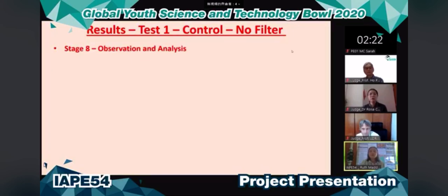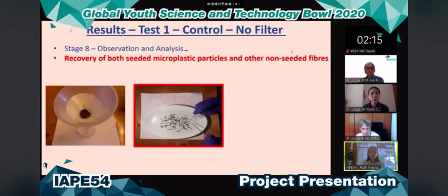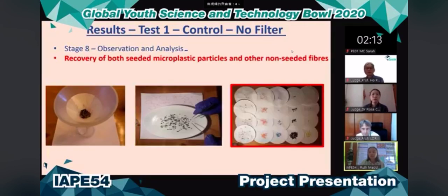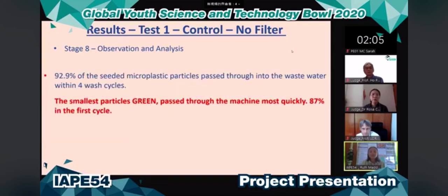The results of Test 1, the control, no filter. Stage 8, observation and analysis. Here we can see the recovery of both seeded microplastic particles and other non-seeded fibers. 92.9% of the seeded microplastic particles passed through into the wastewater within 4 wash cycles. The smallest particles, green, passed the machine most quickly, 87% in the first cycle.